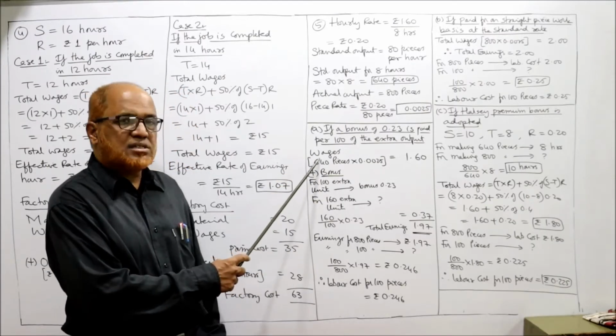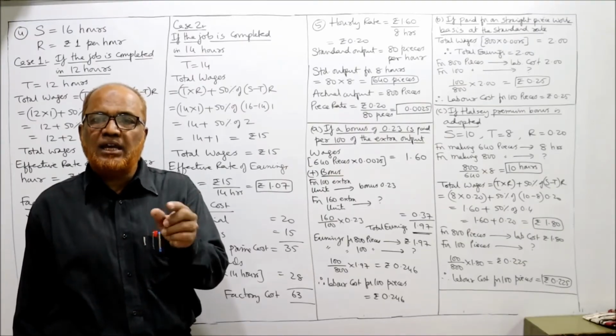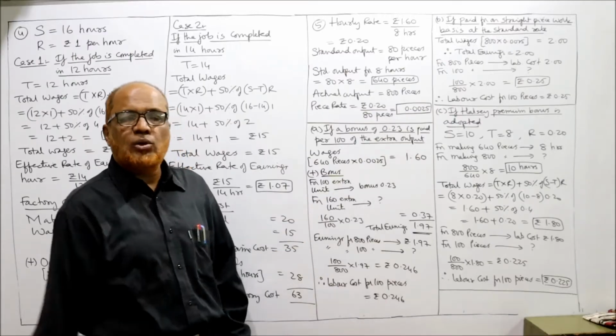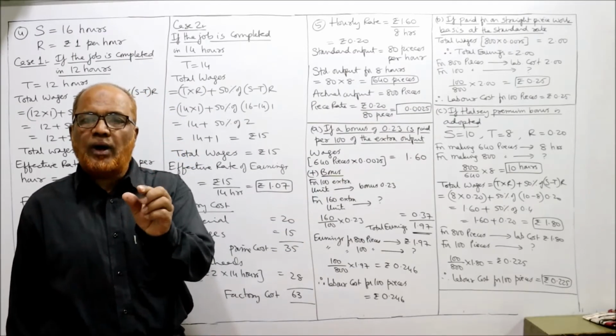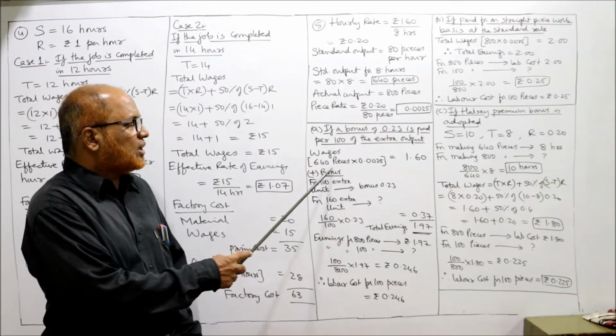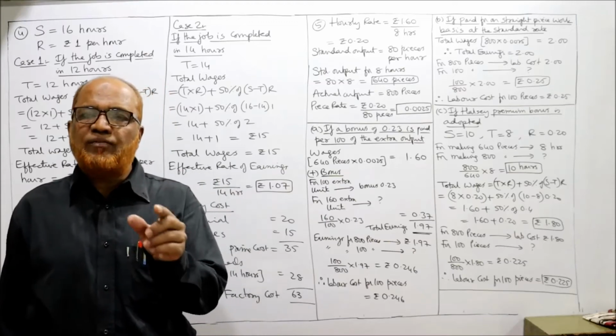So we calculate wages. First, for 640 units, the piece rate is 0.0025 per unit. For 640 units, 640 into 0.0025 is 1 rupee 60 paisa. These are the wages paid for 640.